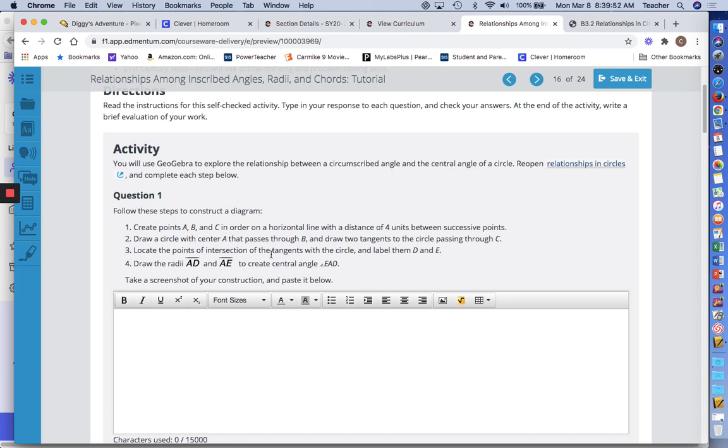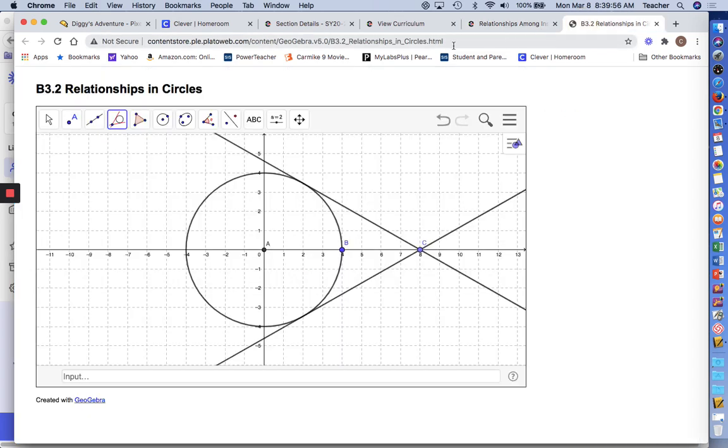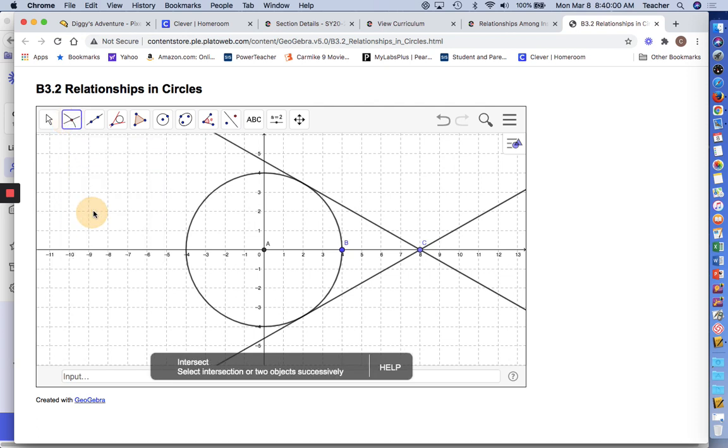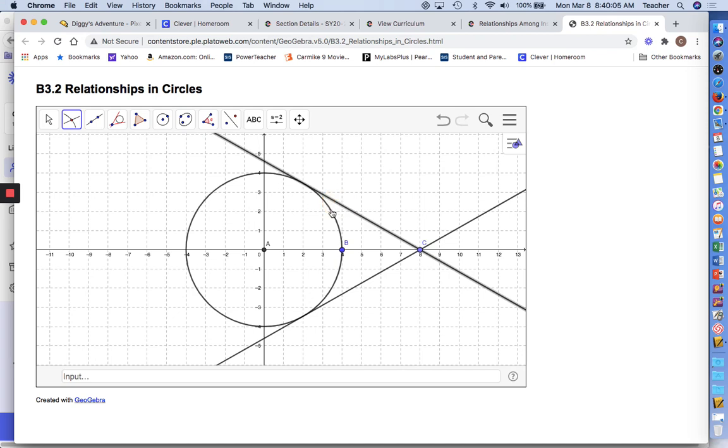All right, part 3. Locate the points of intersection of the tangents with the circle and label them D and E. All right, so I come over here, and I need to do an intersect. I need to intersect that tangent with the circle right here, and this tangent with the circle right there. All right, so I did an intersection.